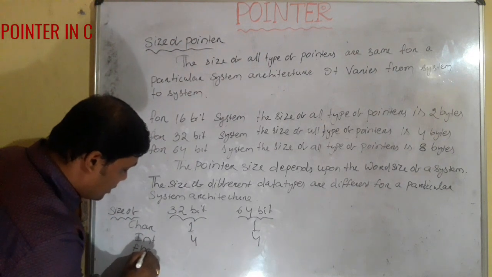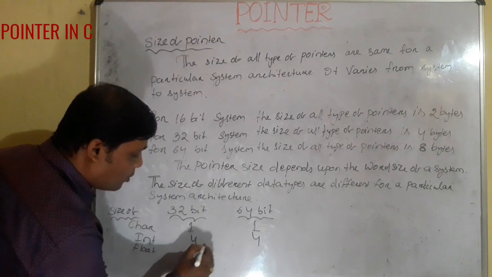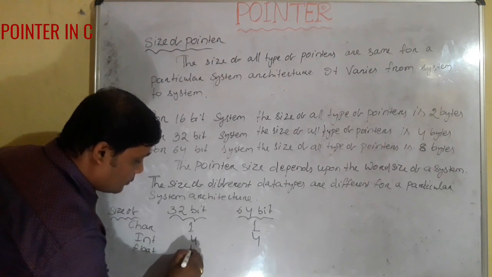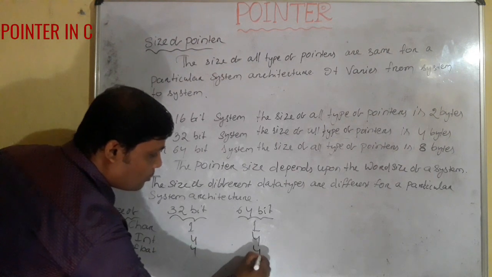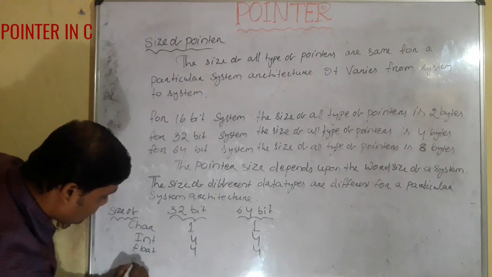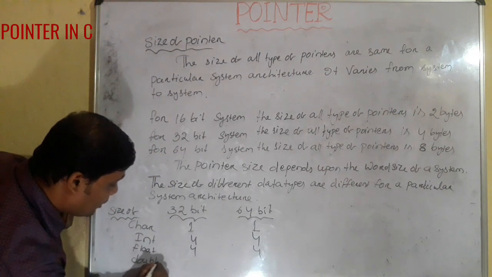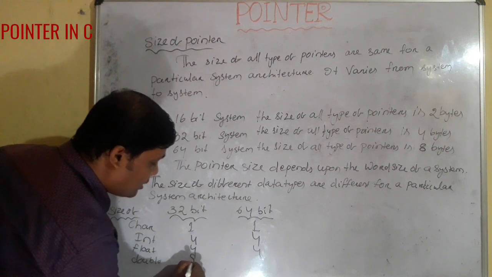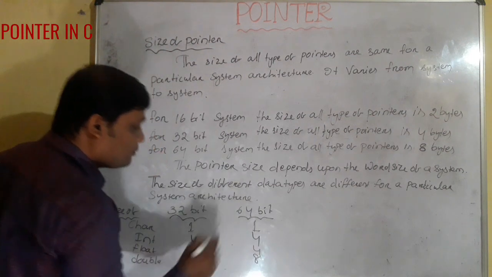If float data type is there, then it is 4. It is also 4. If double data type is there, it is 8. It is 8.